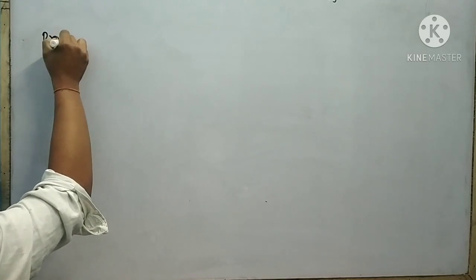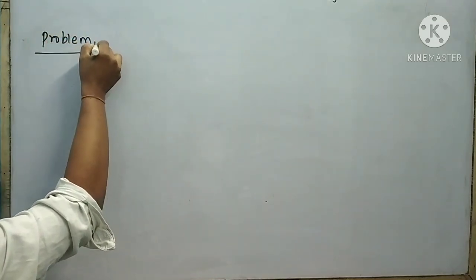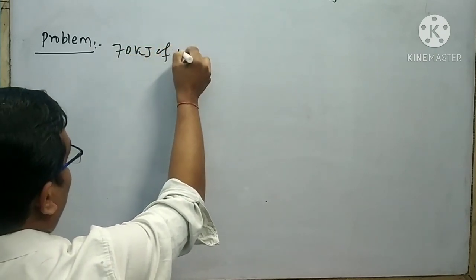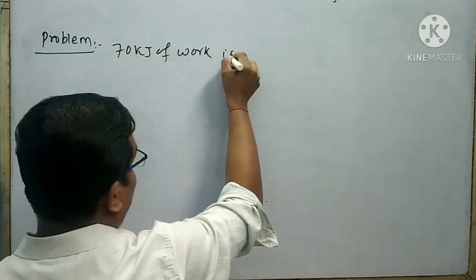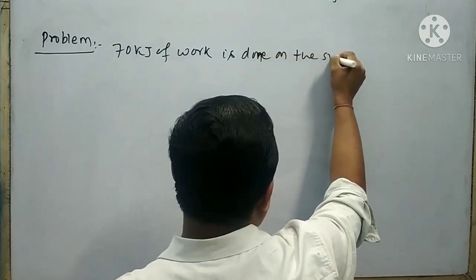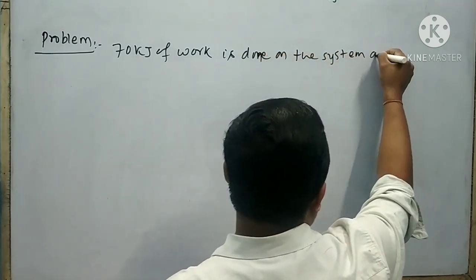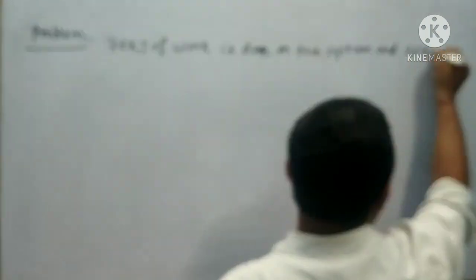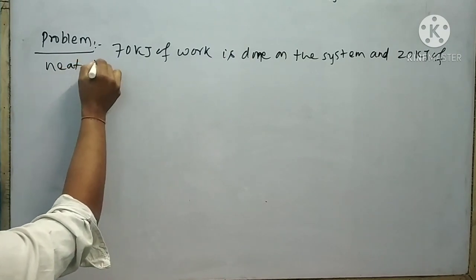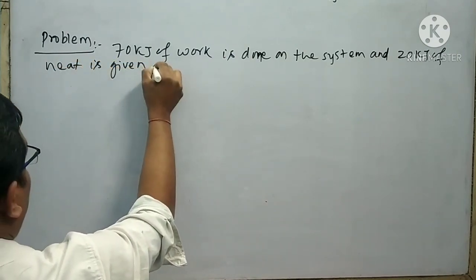Next I want to do another problem. 70 kilojoule of work is done on the system and 20 kilojoule of heat is given out.